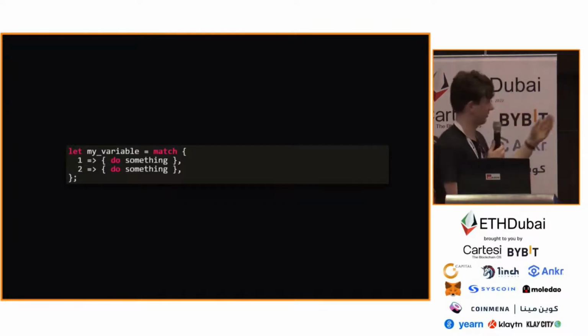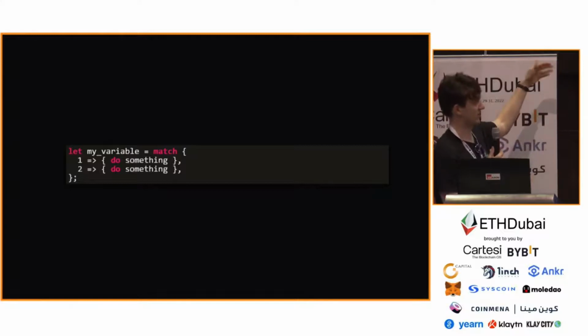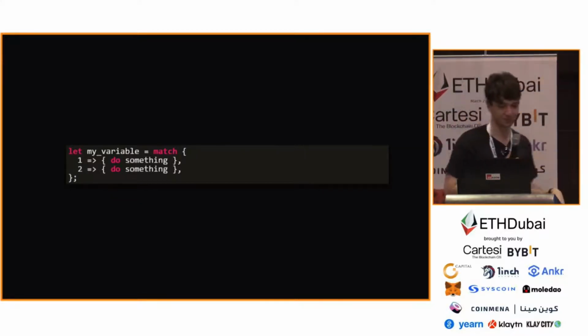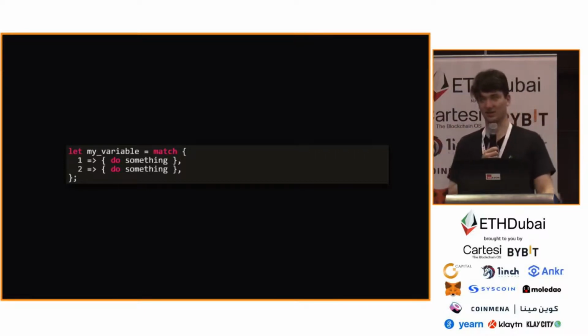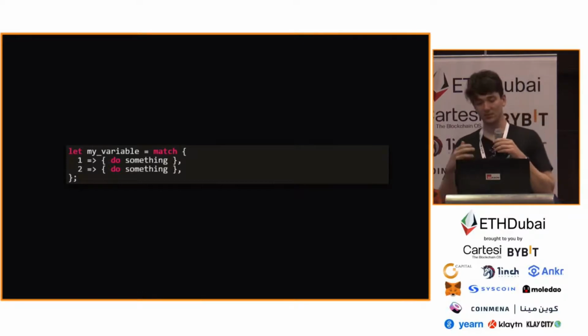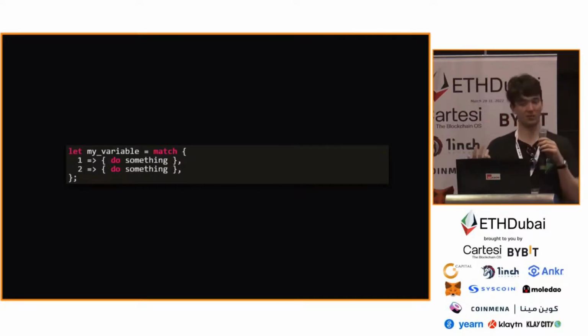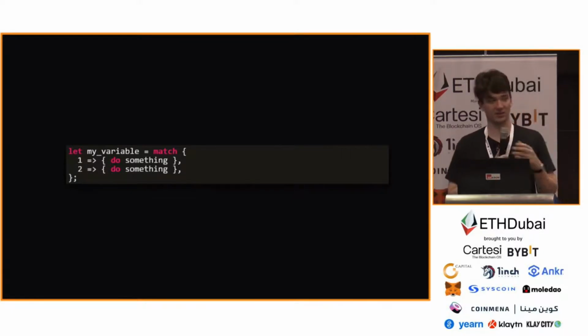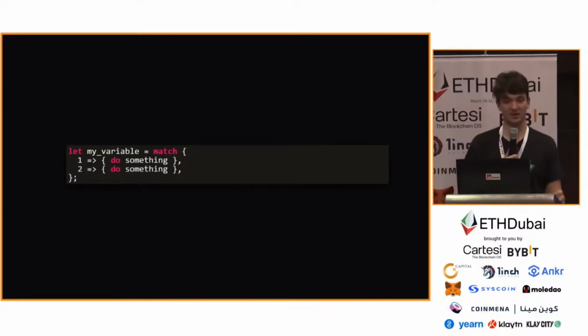So if you were to try to compile this, you would get an error because you are not covering the domain of numbers from 3 to infinity. And exhaustivity checking is another thing that essentially prevents vulnerabilities. Vulnerabilities oftentimes come from control flow that the programmer did not anticipate. And if the compiler is able to look at the control flow and say, hey, there's a case here that you've missed, you will not have an unanticipated case or undefined behavior in your control flow.